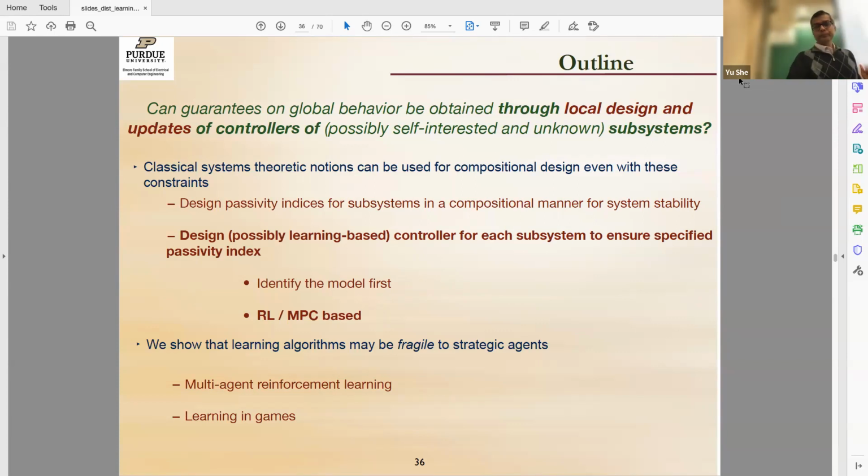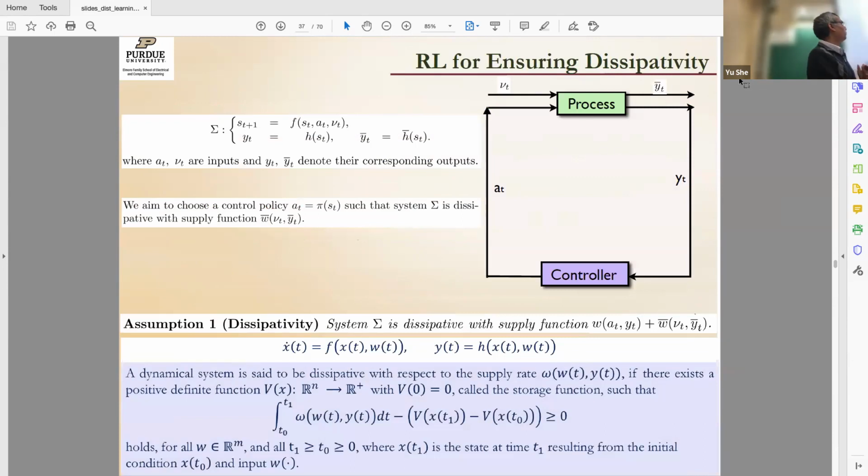Yeah. So process, controller, standard sort of RL framework, right? And the system can be nonlinear and so on. I have shifted my notation already, so why not keep shifting.